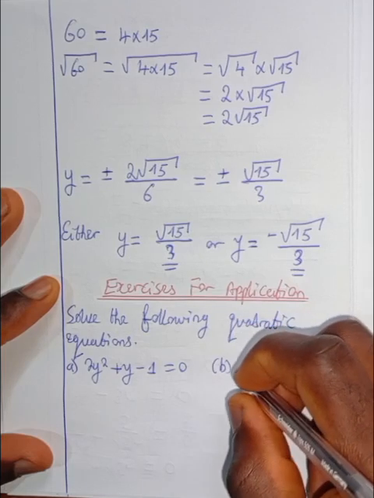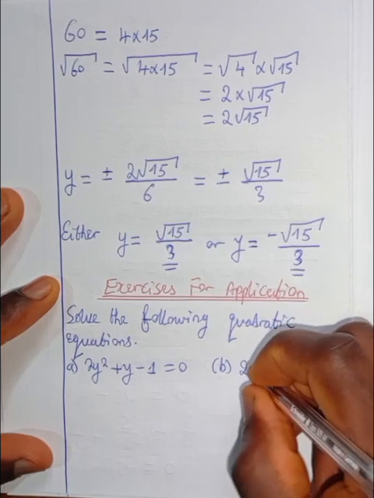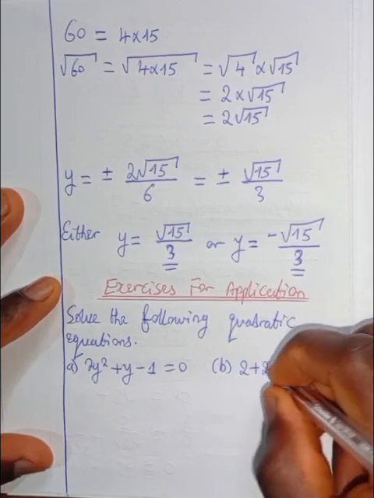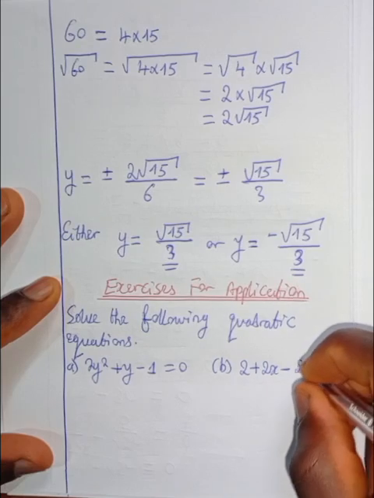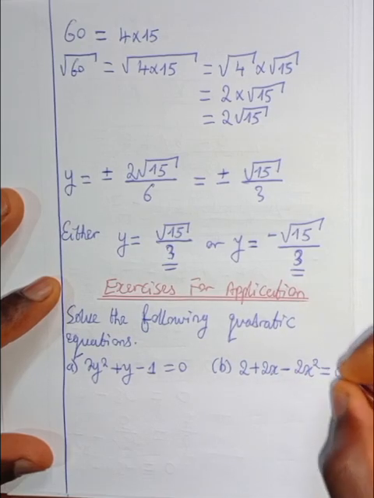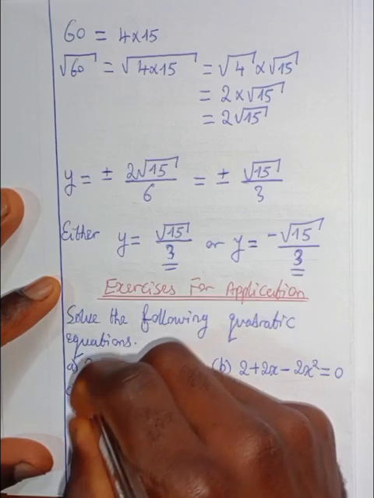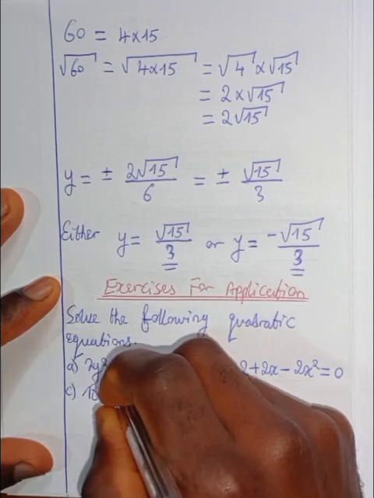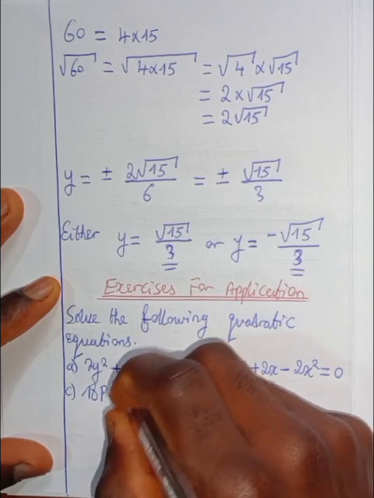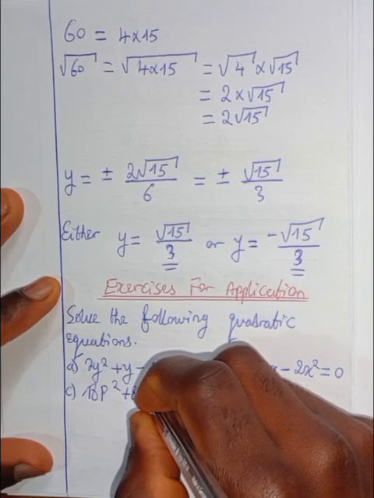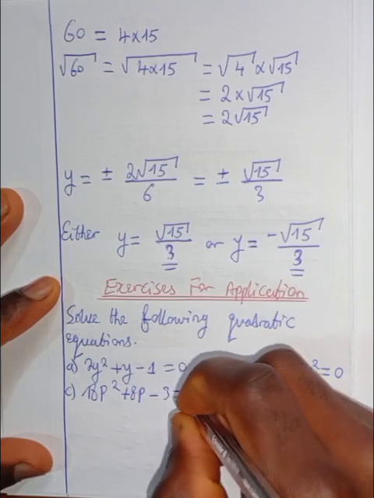For B, we have 2 plus 2x minus 2x squared is equal to 0. For question C, we have 18b squared plus 8b minus 3 is equal to 0.